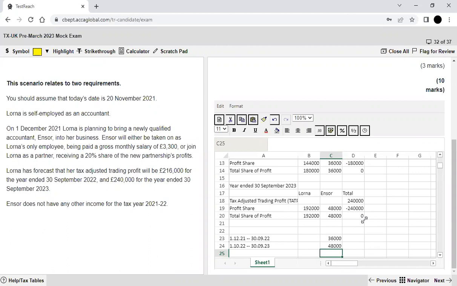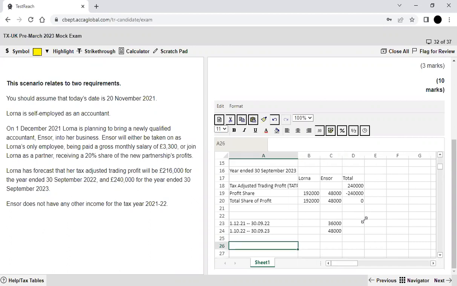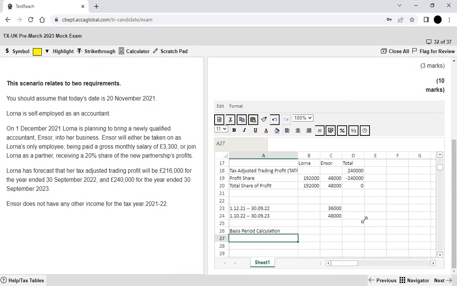After this, let's start with the basis period. Basis period calculation. For the basis period calculation, step 1 is from the business start date, go to the nearest fiscal year end date, which is 5th April 2022.